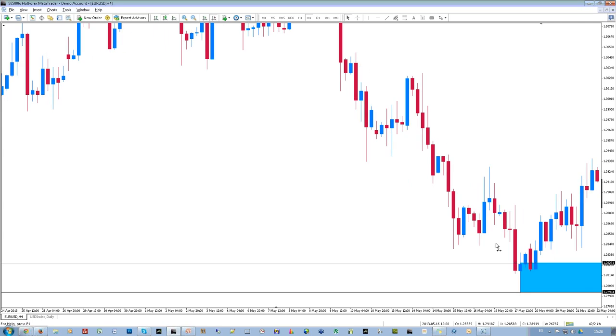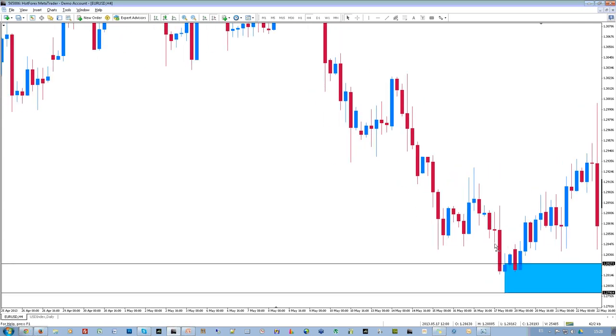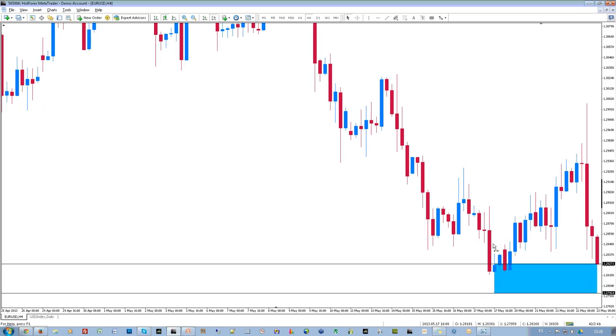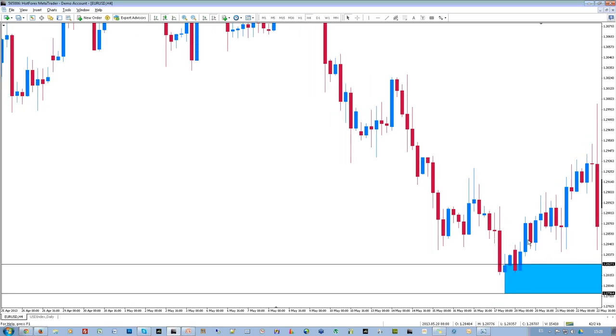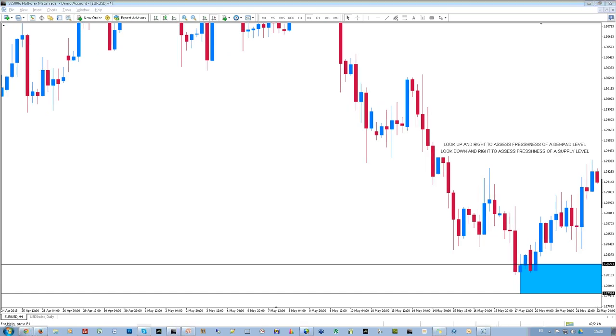This is the first pullback into the level. The level was fresh until the previous candle, but now it is not fresh anymore. So this defines how fresh or how non-fresh a level is. Okay, we look up and right.